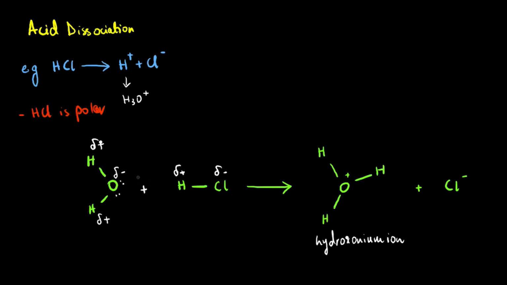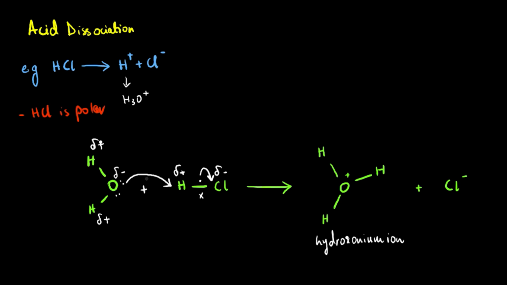What happens is the oxygen will pull the hydrogen, it will attract it due to the electronegativity difference, and the two bonded electrons over here of the covalent bond both will go to the chlorine atom. So the bond of the HCl will break and the electrons of the bond will go to the chlorine atom, and the hydrogen of the HCl molecule would be pulled towards the oxygen of the water molecule.